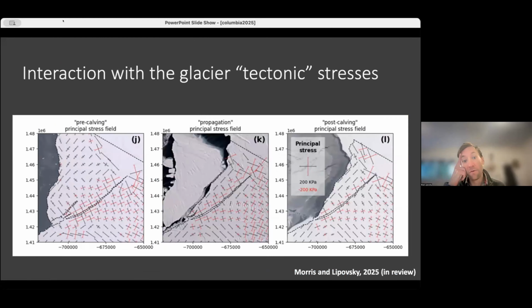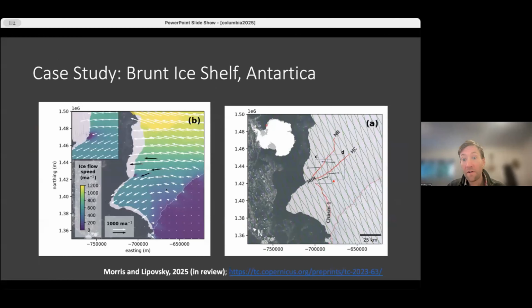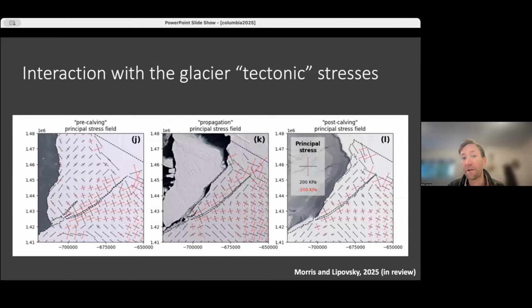So we used this velocity field here on the left, and then we use what's called a shallow shelf approximation ice flow model, which has a lot of free parameters that we attempt to estimate, and then you can get the strains directly from this. So you need to have some estimate of the rheology, and those are the free parameters that we tune in the model. So we come up with a model that can reproduce the velocity field, and then we just take gradients and use the effective viscosity to calculate the stress field.